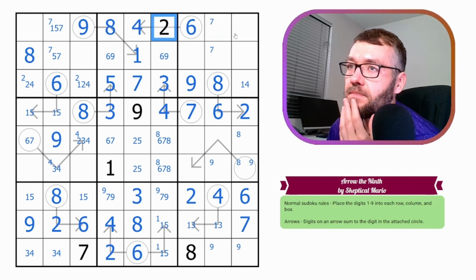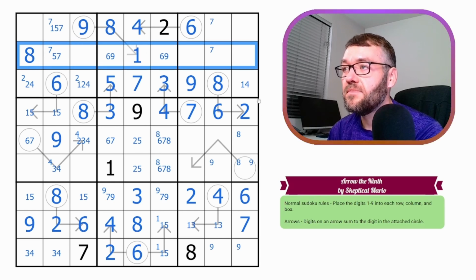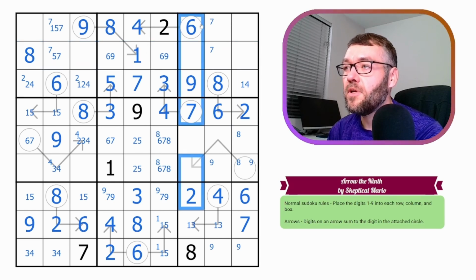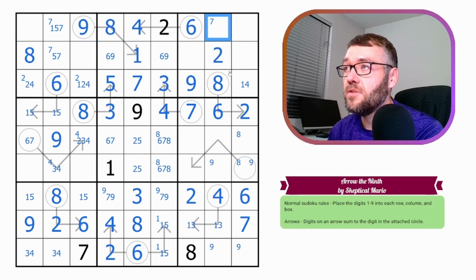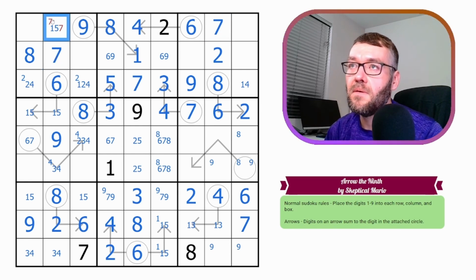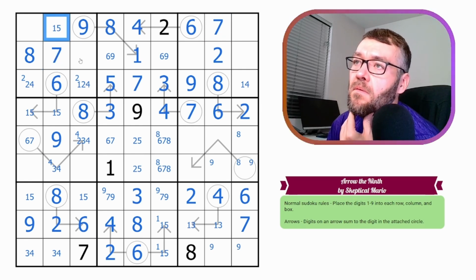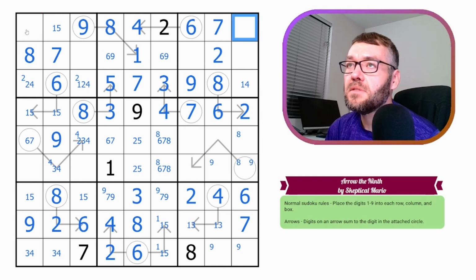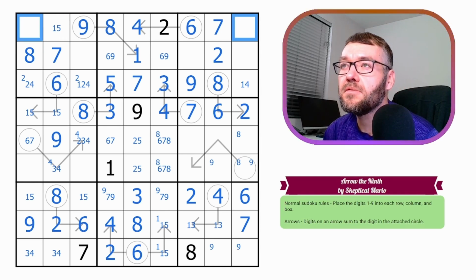Never mind. Puts a 2 right here for this row. Because these 2's point up and this 2 points over. So this is a 2. This is the only place a 7 can still go, which makes this a 7 over here. The last 3 digits for this row are 1, 5, and 3.